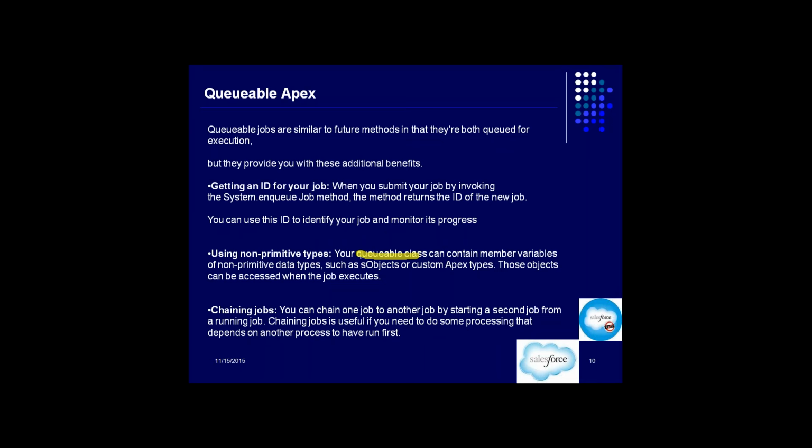You want to make sure that job 2 gets executed only when job 1 has completed. With Queueable Apex, you can chain one job into the other. At the end of the code in Queueable Apex 1, you can call the second Queueable Apex.